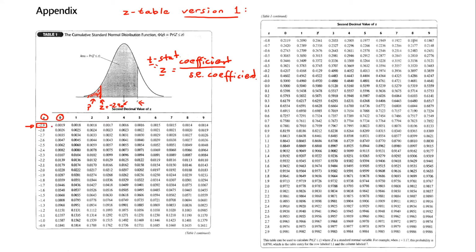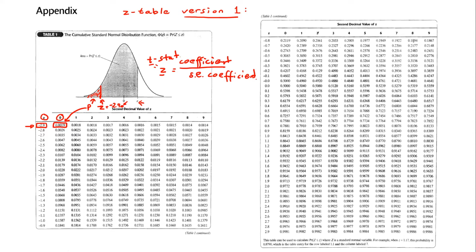So now you have the p-value corresponding to a z number of negative 2.90, which is 0.0019, which is equivalent to 0.19%.